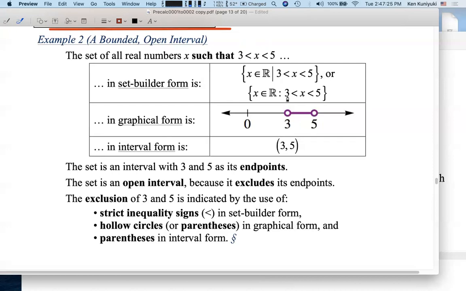However, because we exclude the endpoints, the 3 and the 5 themselves, we put open hollow endpoints at the 3 and the 5. By the way, this interval doesn't just include the number 4, it includes 3.5, 4.99, and also a very famous real number, pi. It's not just 4. There are infinitely many real numbers in this interval. In interval form, we write this as 3, 5 surrounded by parentheses. We use a parenthesis if we exclude the endpoint.